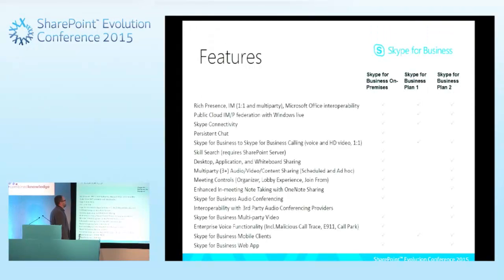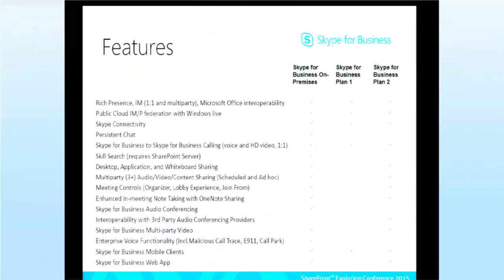In terms of feature set, just like with SharePoint Online, there are various differences between the types of plans that are offered. So you can actually go out and buy a Skype for Business plan if you just need some basic functionality and you need to be able to do instant messaging within people, you can get a Plan 1. Or if you need to start to do some of the more complex things like video, multi-party type of big Brady Bunch conferences, multiple people involved, that's when you're looking at Plan 2 options.